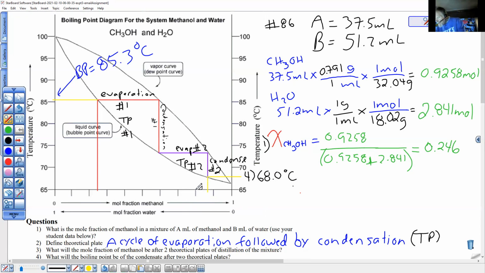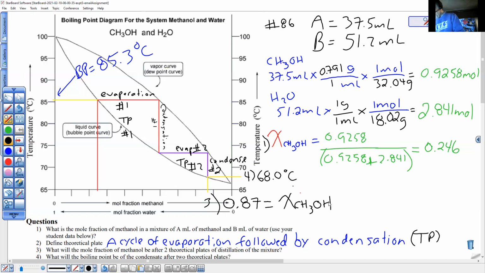And let's see, that's 0.8, that's 0.9, halfway is 0.85. I'm going to go, it's not 0.86, that'd be a little closer, maybe 0.87. How's that? Answer to question 3. 0.87. And you got to tell me you know what you're talking about here by saying that's the mole fraction of methanol.